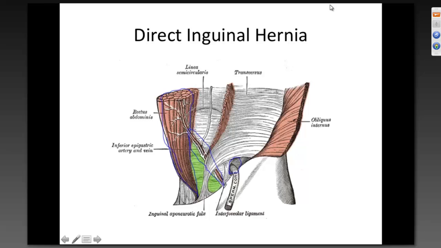And then the inguinal ligament here, which means that all of this green area is what establishes Hesselbach's triangle. So if we created a direct hernia, the point is it's just going to come out right through here.